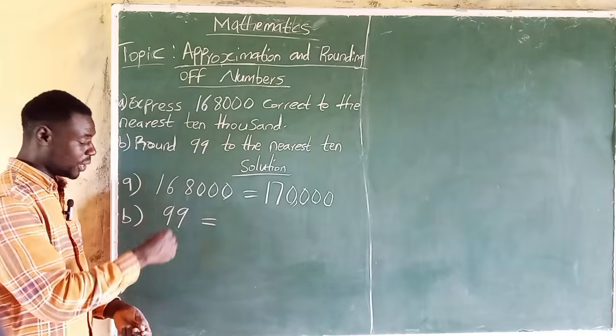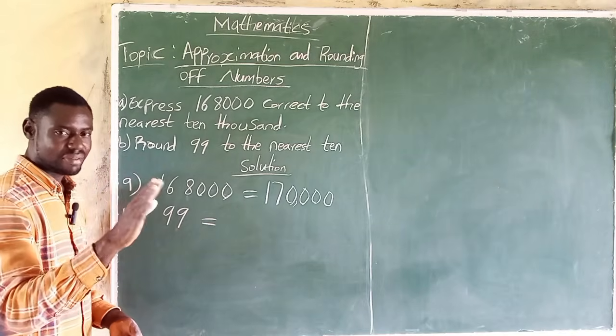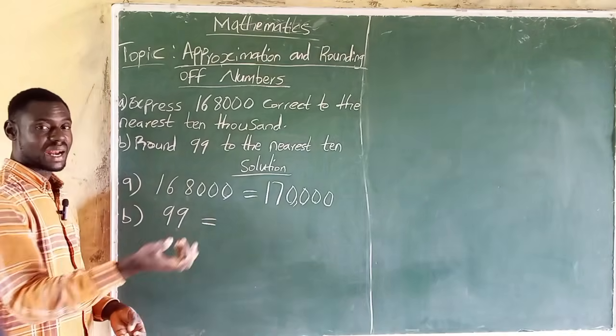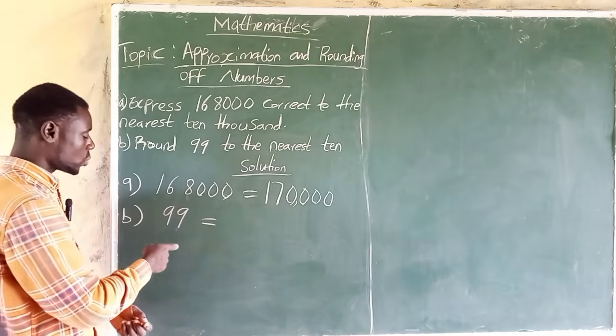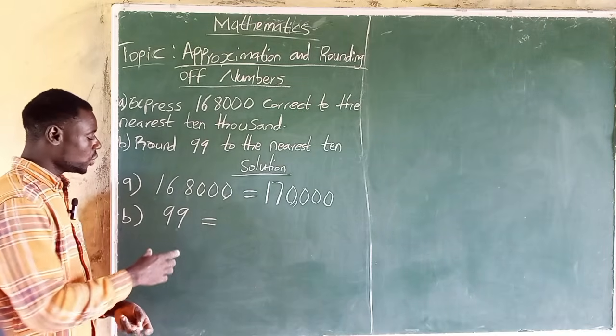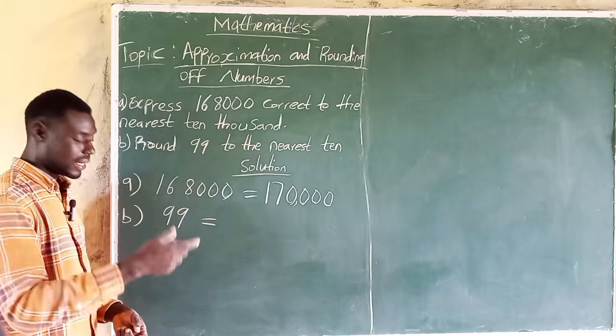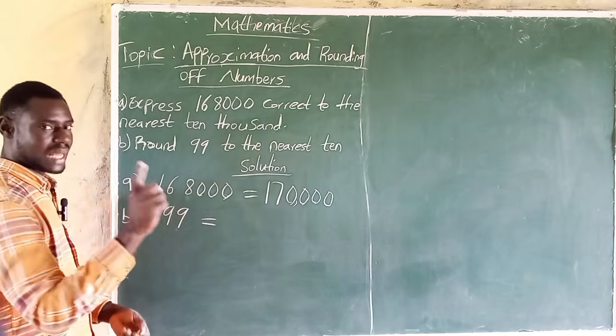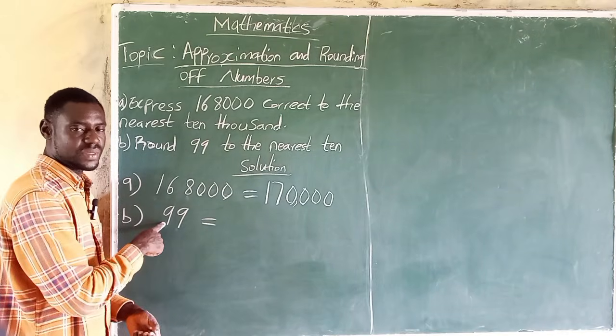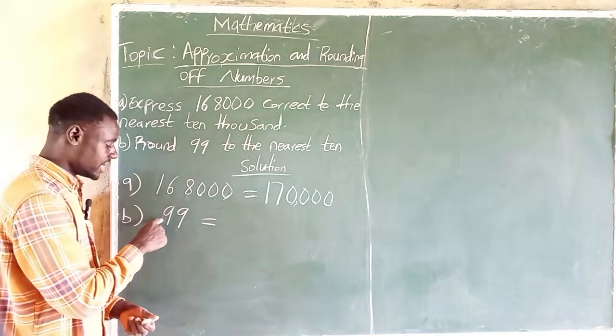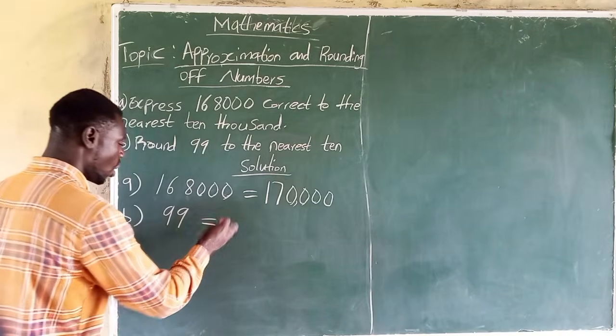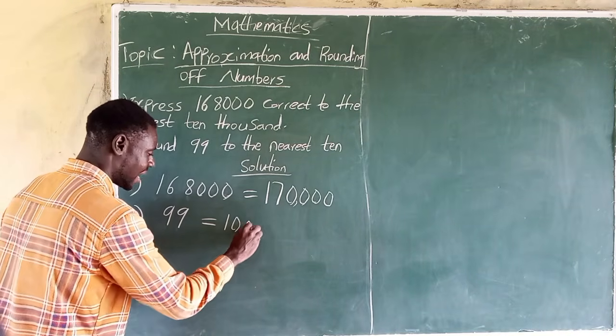It is rounding up because it is up to 5. This 9 is bigger than 5 and it's up to 5. So since it's up to 5, you change it to 1 and automatically this 9 becomes 0. That 1 you are adding to this tens digit, and it will now become 100 as your final answer.